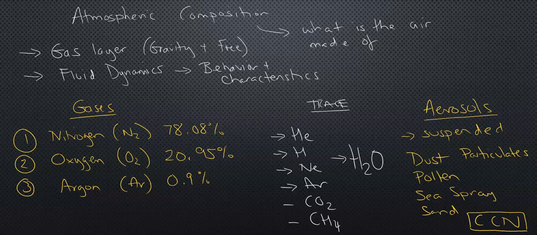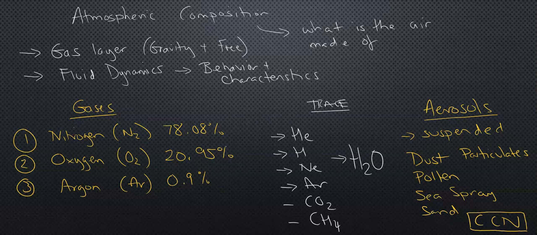It has some liquid in it through the water cycle, but the gas layer is held in place by gravity, and it's freely moving because it's a gas, and this is a state of matter that has certain behavior and certain characteristics, and it has a fluid property, a fluid dynamic. So it's constantly moving, air rising, air sinking. There's lateral movements at the surface, at the different poles, but the gas is constantly moving whilst being held in place by gravity. And there's difference in pressure and temperatures, but it's a very dynamic part of our Earth.